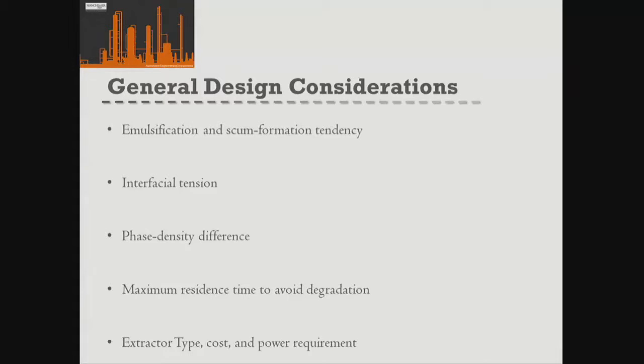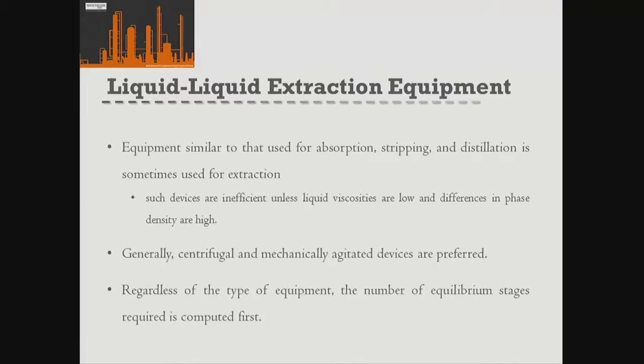And then essentially all of these come together in terms of the cost and the power requirements, and then the different types of extractor that you can look at. So for liquid extraction, the equipment is essentially similar to that of an absorber column or a stripping column. And often these packed columns or stage columns are quite inefficient unless the liquid viscosities are very low and there's a very big difference in the density of the phases.